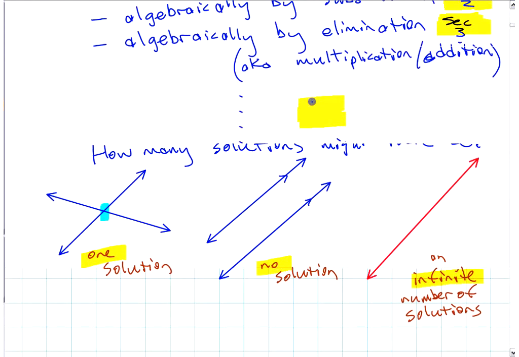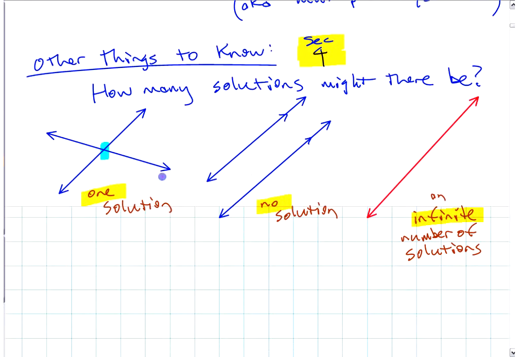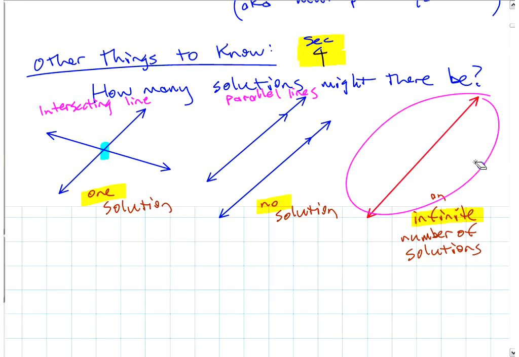This is actually section 4 in here. It's really short. Number of solutions. That's basically it. You have intersecting lines. You have parallel lines. Or does anybody know what the word would be for this? Lines that are on top of each other? They're called coincident lines. What does the word coincidence mean?